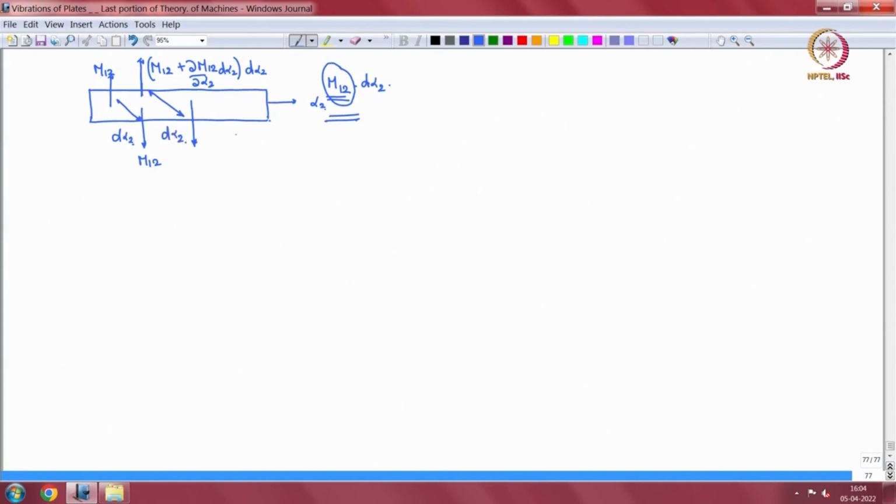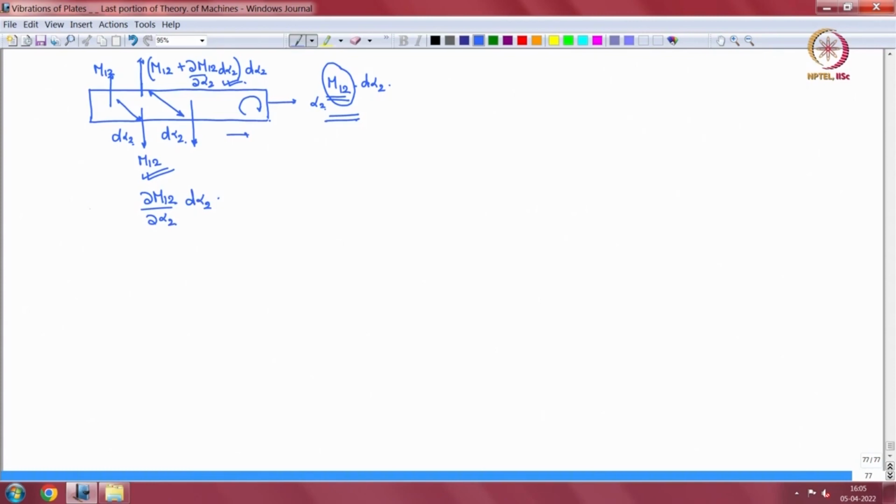If we continue in this fashion, what happens is at every point I have an M12 downwards and an M12 plus an increment upwards, in keeping with the sign convention. So as a result, everywhere I have del M12 by del alpha 2 d alpha 2. This is a moment resultant, which is a force.